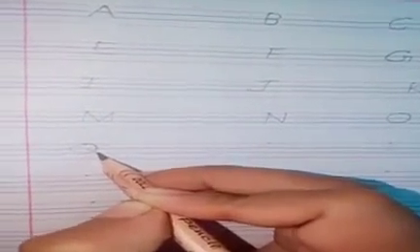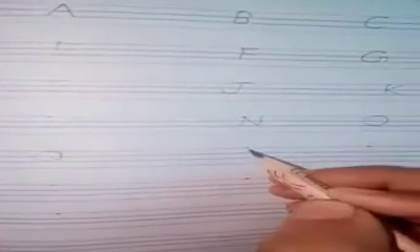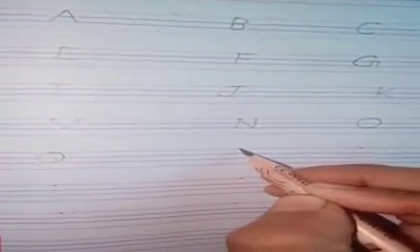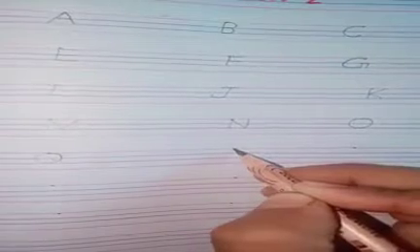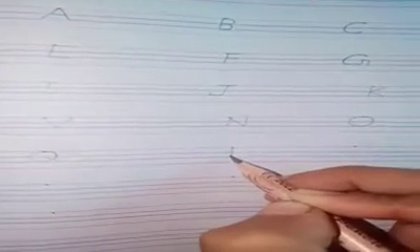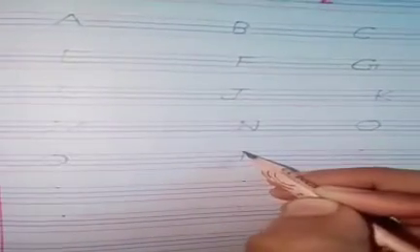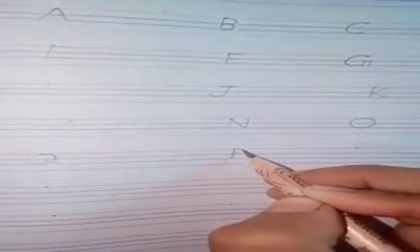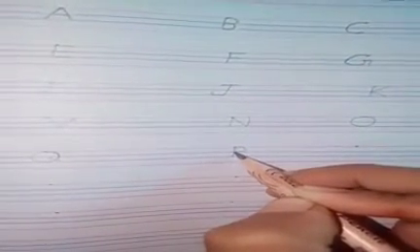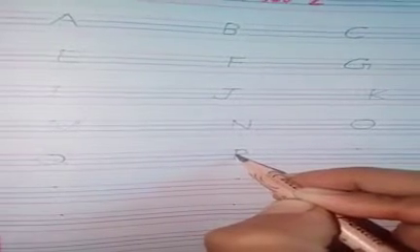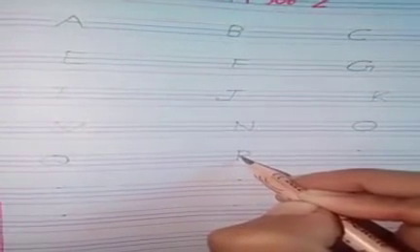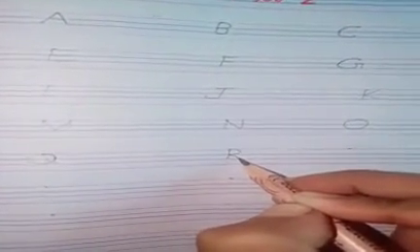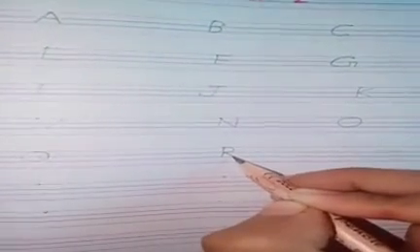This is capital Q. Q after R. Draw a standing line down like this, go back to the top, draw a curve till the middle like this, then draw a slanting line to the bottom. This is capital R.